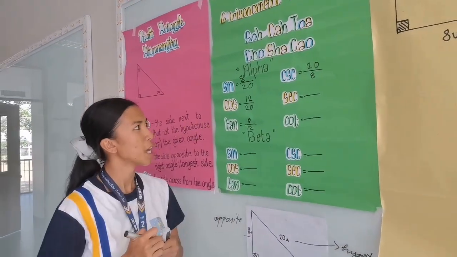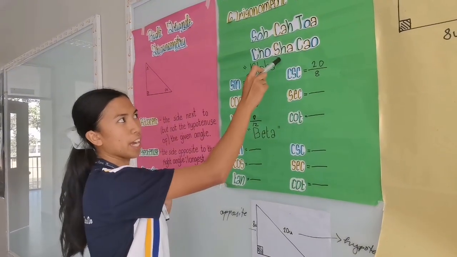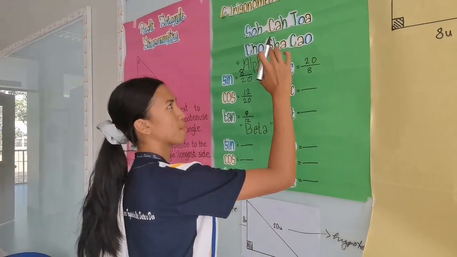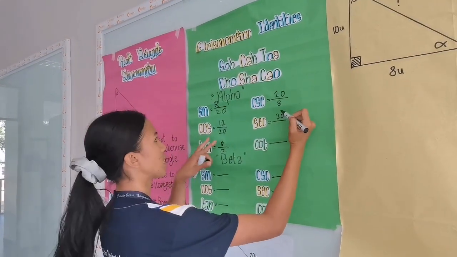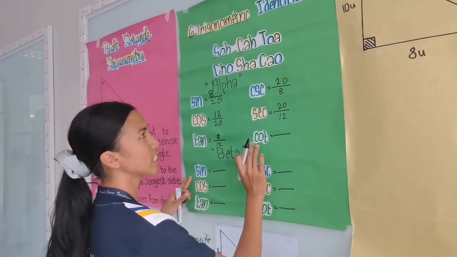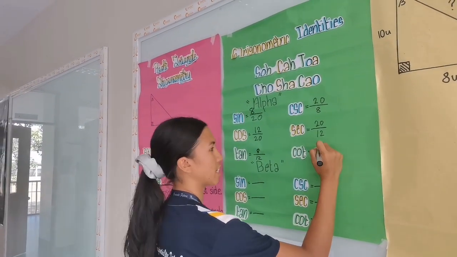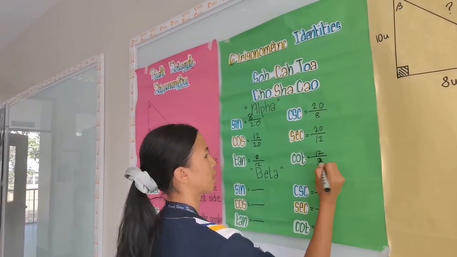Same as the others, we will identify it in its acronym. So the second is hypotenuse over adjacent. Hypotenuse is 20, the adjacent side is 12, and the cotangent is the 12 adjacent over 8 opposite.